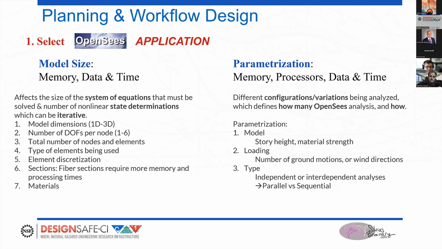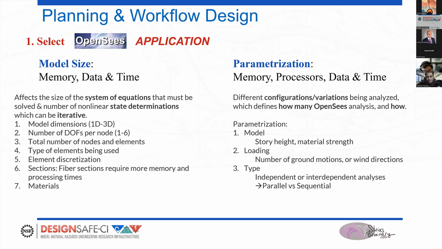So these are the points that affect your model size, and this is important because you want to minimize your model size. It's not just, oh yeah, well, I'll just do this on the supercomputer. No, you can really optimize the number of dimensions, for example. So are you in 1D? Are you just doing some simple springs or zero length elements, all the way to 3D structures, right?